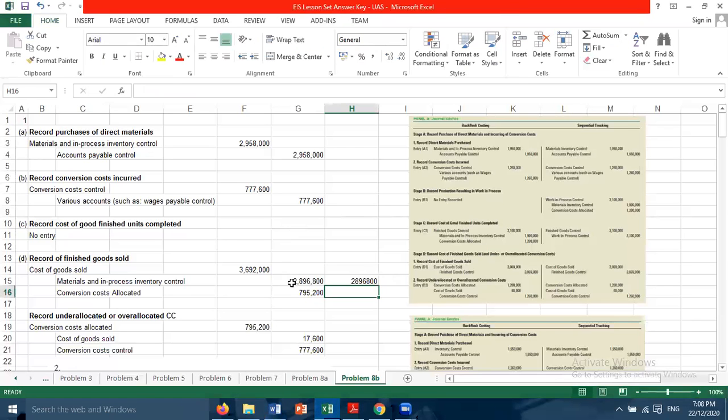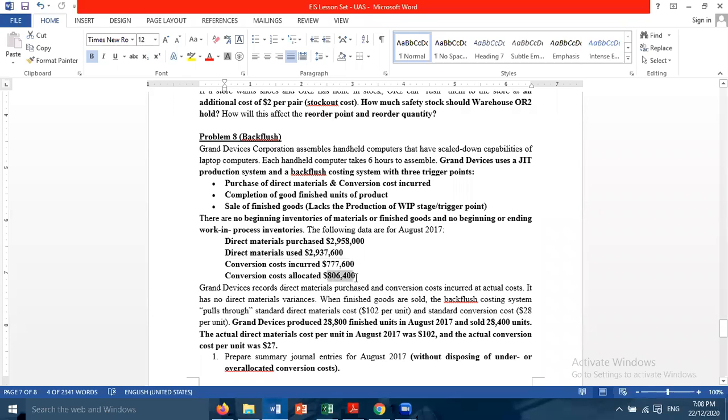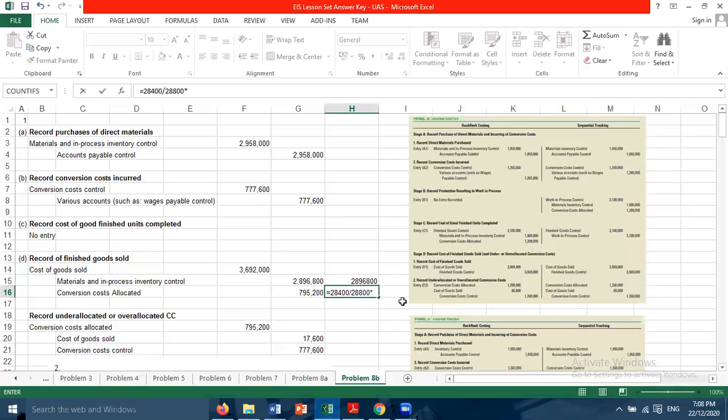And then for conversion cost allocated, same thing. So we just use the ratio 28,400 sold divided by 28,800 produced, multiplied by the conversion cost allocated, which is 806,400. Yeah, and we'll get this amount.